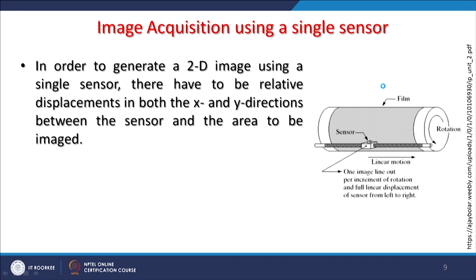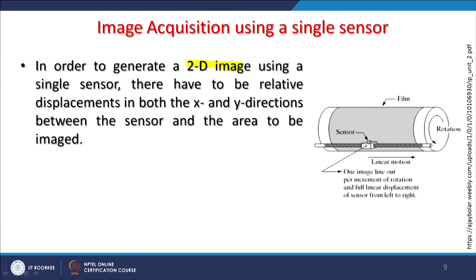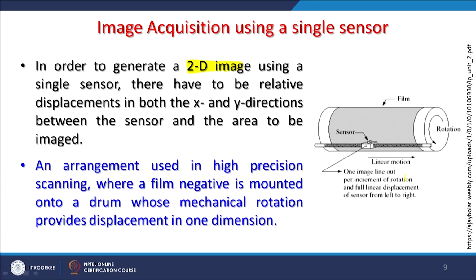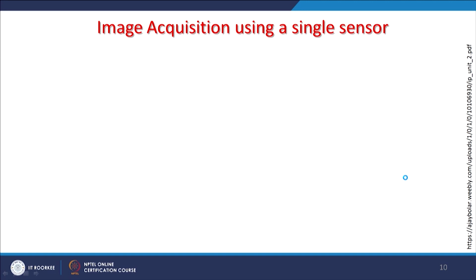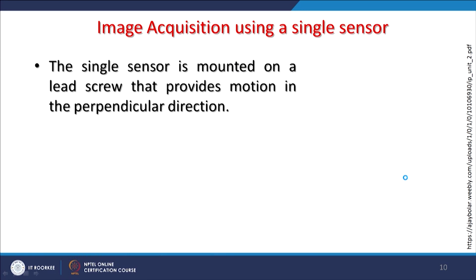Whereas, in case of this 2D or linear sensor, a different scenario is there. Even if one is having a single sensor, a 2D image can be generated by having this kind of arrangement of a rotating drum, line by line, and the single sensor records the energy on a film or whatever material you are having.